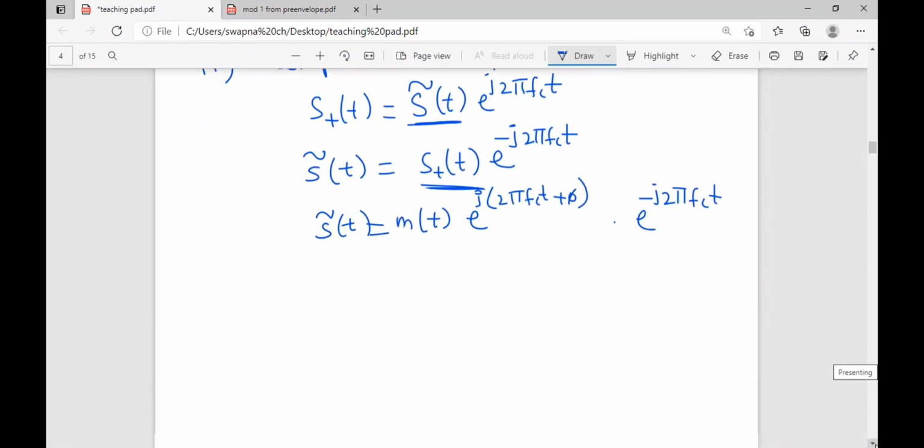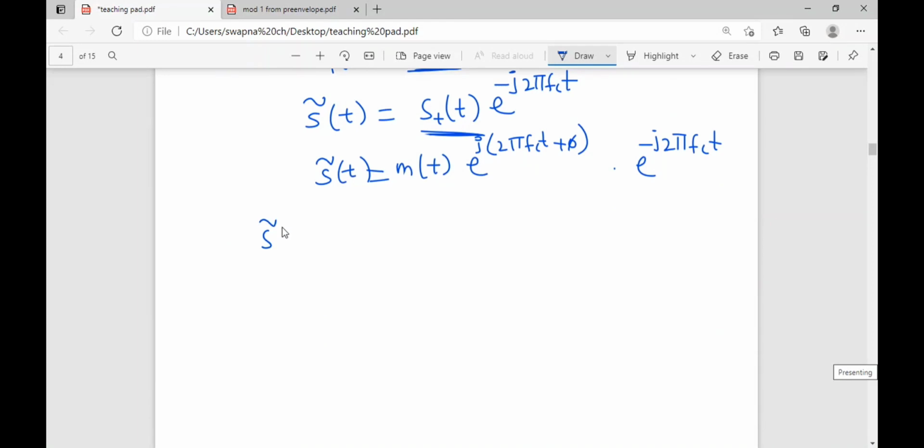So we can write this S tilde of t as m of t, and a power m into a power n we can write as a power m plus n. So the same formula I'll use here. So it's e power j, I'll just add everything like this, multiply this j inside.